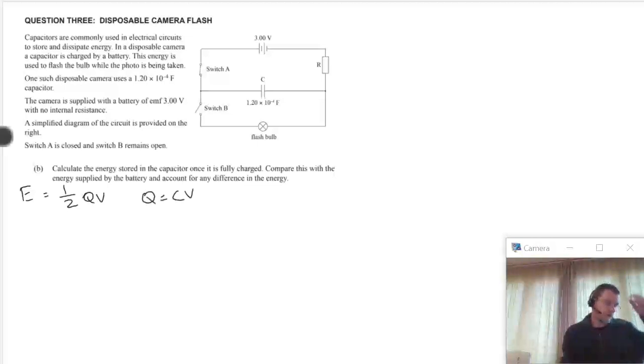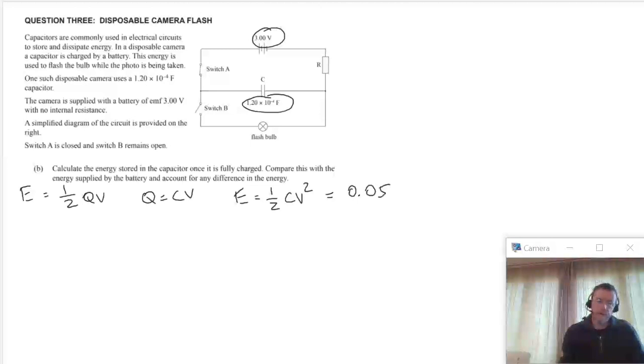We could combine the two directly and get E equals a half CV squared, and we do our calculation on that. We have C and we have V. V squared is just 9, so half times 1.2 times 10 to the minus 4 times 9, and we get 0.0540 times 10 to the minus 3 joules.